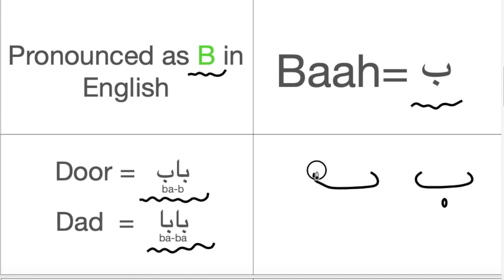Your dinner plate with a dot. Remember, B has one dot on the bottom, because we're going to learn later other letters that have more dots in different locations too. One dot on the bottom is B, and this is how we write B.